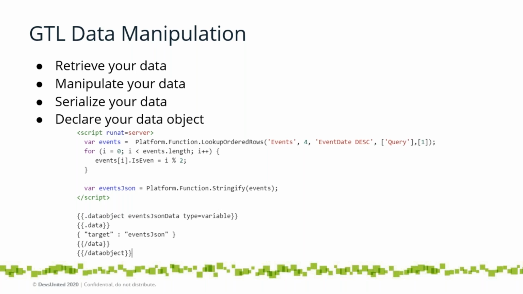I try to do something like these 4 steps. I retrieve data using lookup functions, all the data I need. And in case I need, I manipulate that data, which we're going to do right now. Then we serialize, like we have done already, and declare the object. So what we haven't done so far is doing some kind of manipulation of the data. So let's go back to the email.